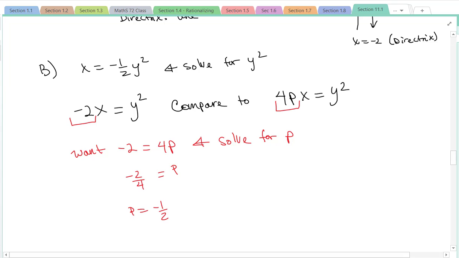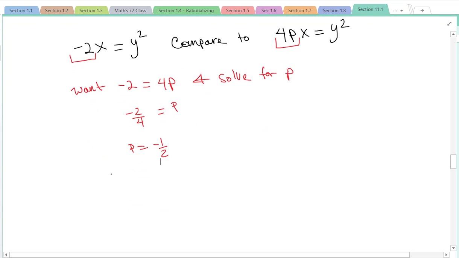So this is what helps us find the focus and the directrix. So now I know that the focus, and because this is a horizontal axis parabola, again, the p is now an x value, so it'll be negative 1/2, 0. And the directrix is the vertical line, x equals the opposite of p. So negative and negative, so positive 1/2.